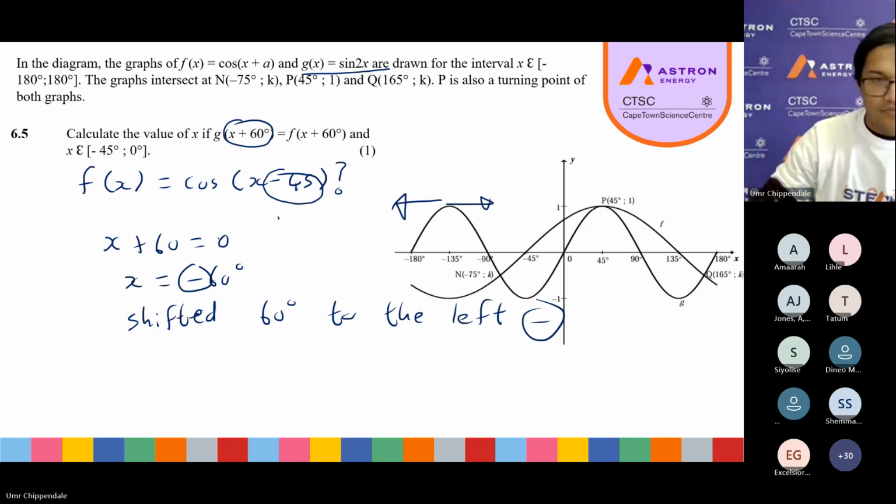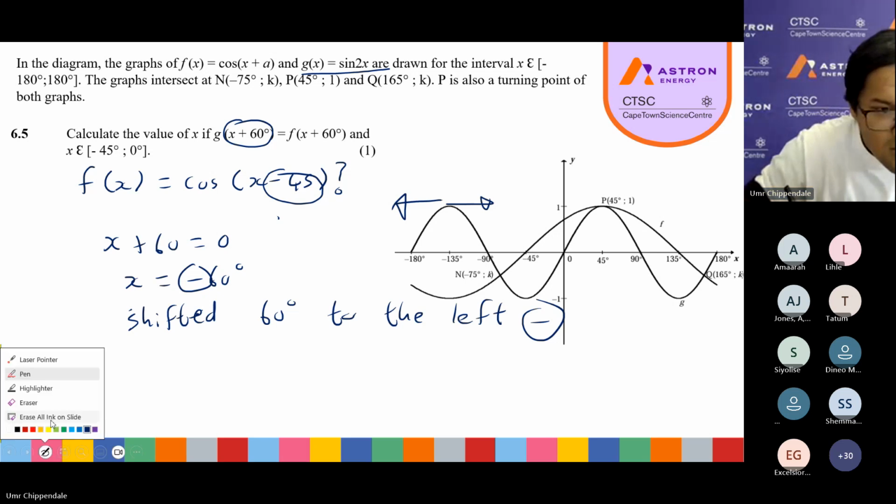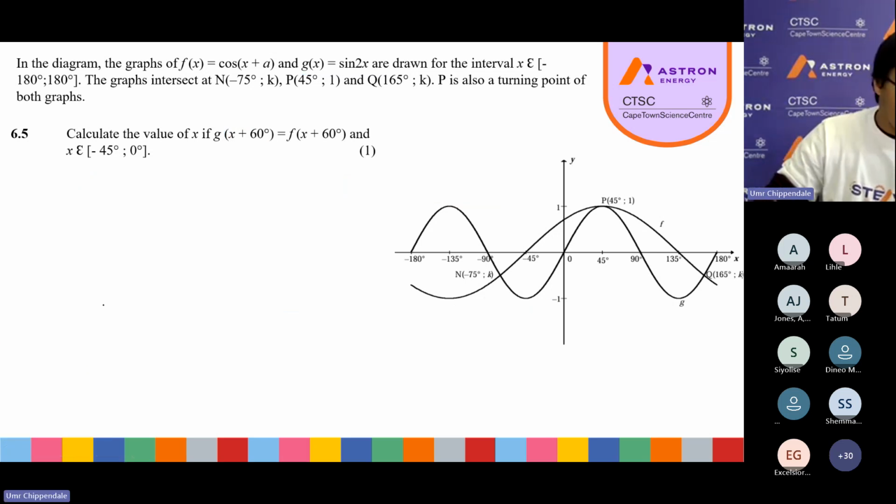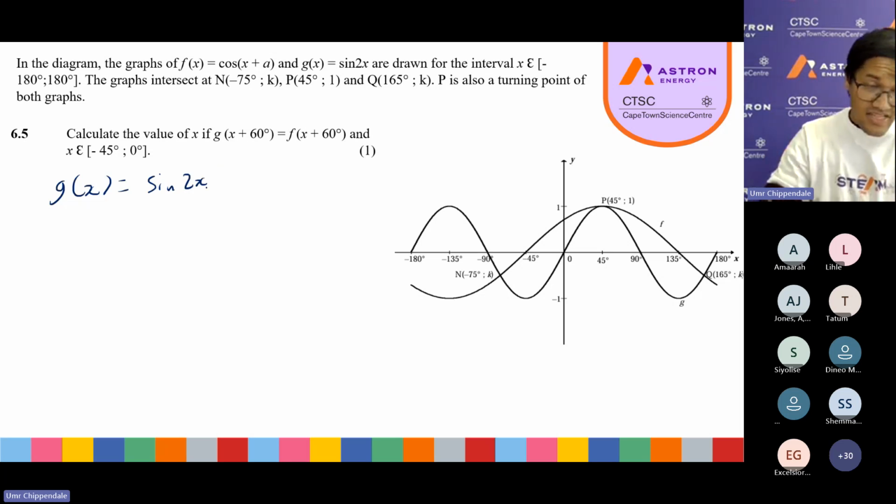Now, if we're going to try and do the same for our g of x is equal to sine 2x, instead of trying to figure out g of x, that's going to be a bit too much to cover.